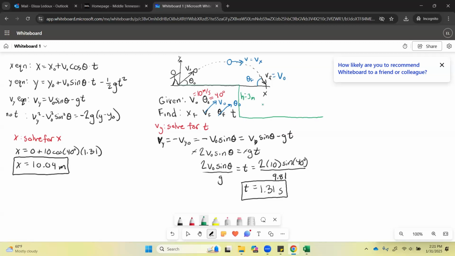So about a 10-foot cliff. And so what's going to happen here now is this is going to extend, and it's going to land here. And we're going to have a new V final and a new theta final.